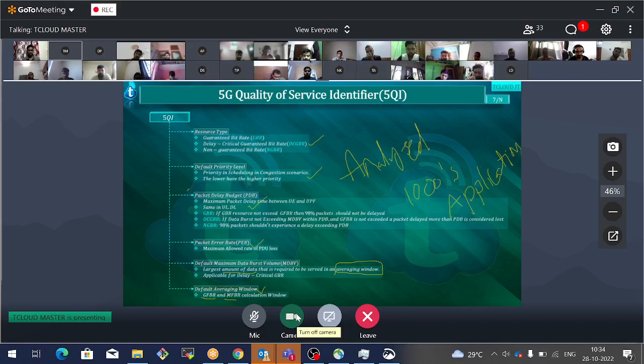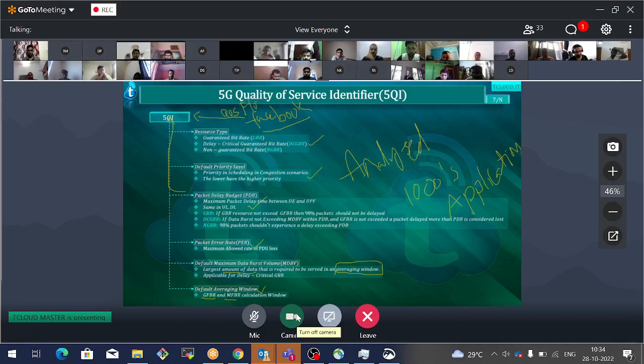And each combination of these values is what we call a 5QI. For example, if you have Facebook generating the data, what should be the 5QI value associated with the QoS flow that is linked to Facebook?